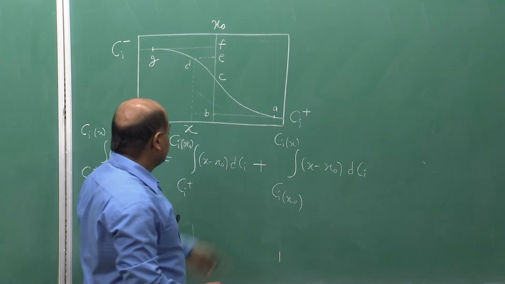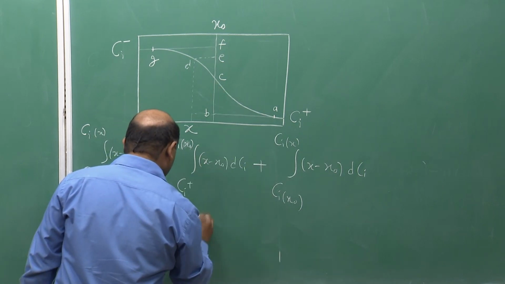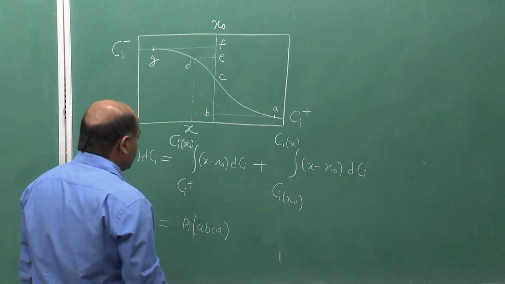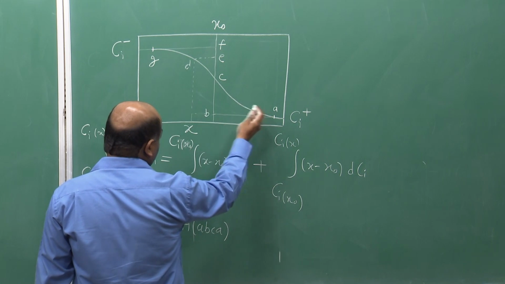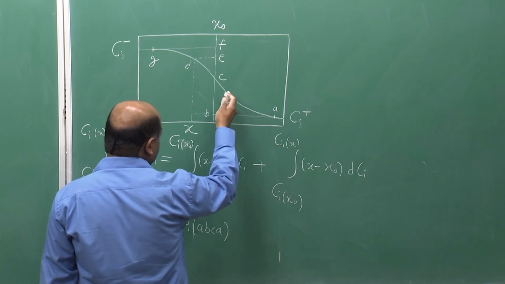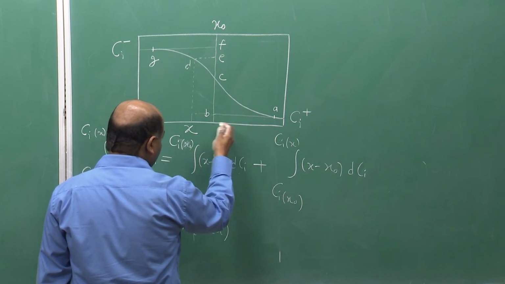This integral is nothing but area ABC, and the sign: you are integrating from right, dCi is positive because going from right to left, Ci is increasing, and x minus x naught is also positive on the right side of the Matano plane.